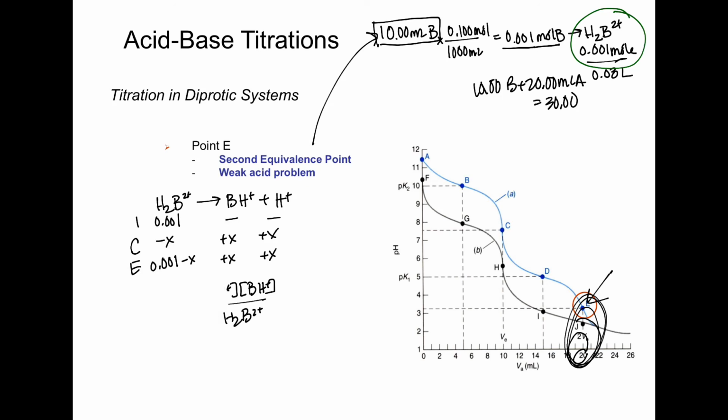So what I'm going to do is actually account for that volume in 0.0300 liters. I would get 0.0333 molarity minus x, plus x, plus x. So I just converted things from moles to molarity there. And now I can put those into my K expression.